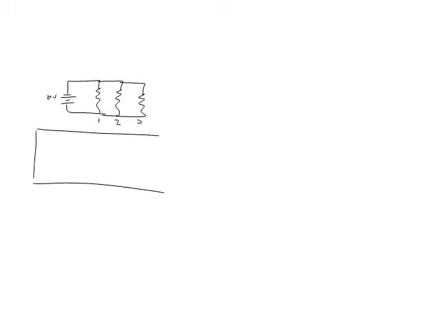So here is our nice simple circuit. We have 1, 2, and 3 ohms and a 24-volt battery. This is VERP.